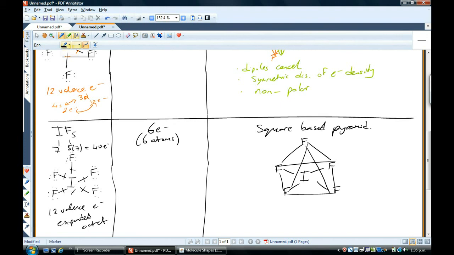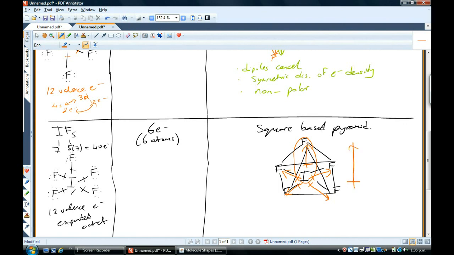The polarity of this molecule then, if we take a look at the polar bonds, we have 4 polar bonds here at the base of the pyramid pulling in these directions, and then a polar bond up here. So although these dipoles down the bottom cancel each other out, there's still a polarized situation in the molecule going from iodine to fluorine.